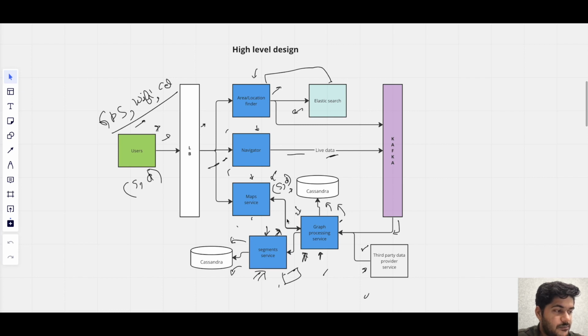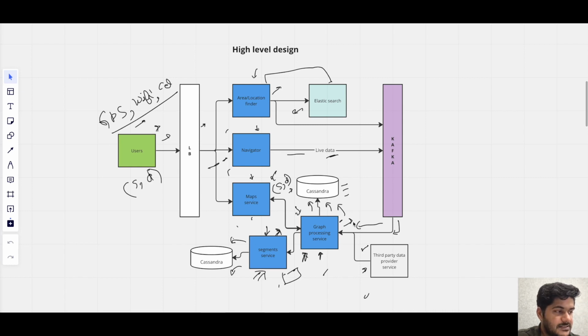So this graph processing service will do nothing but simply check in the DB. There should be multiple routes already stored in our database with the ETA and all, and they are already considered live, because as it is receiving the latest information continuously, you can say streaming of inputs, it is updating this data on a live basis.